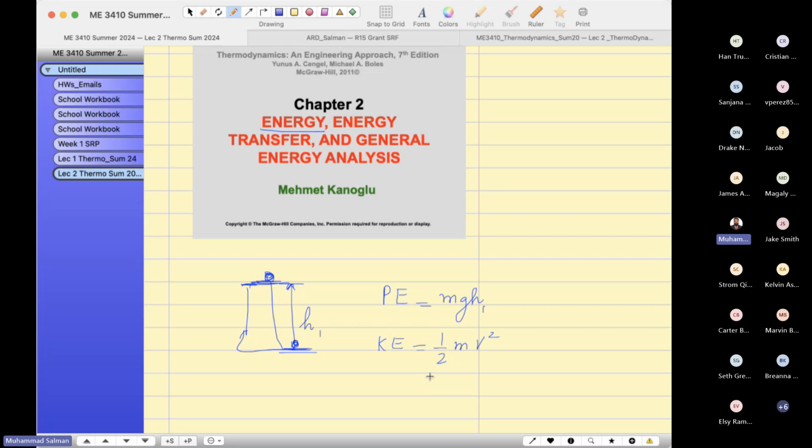This is important to understand that at any instant, the law of conservation of energy states that the sum of the two energies is the same. This is what we learned in the previous lecture.